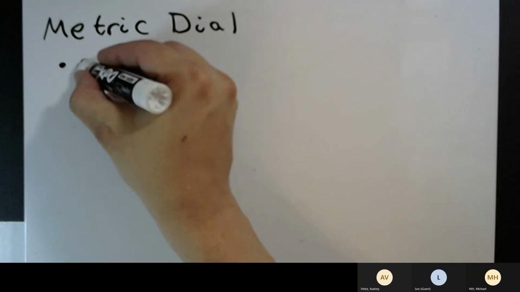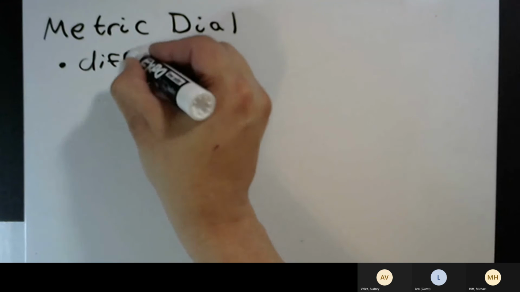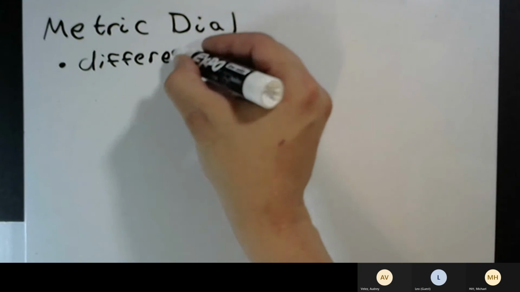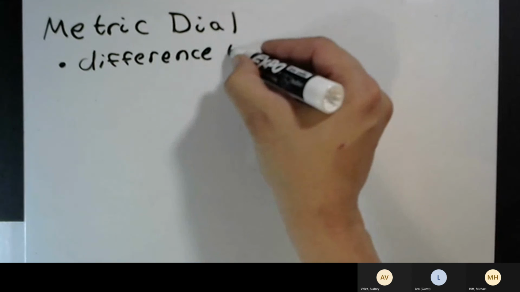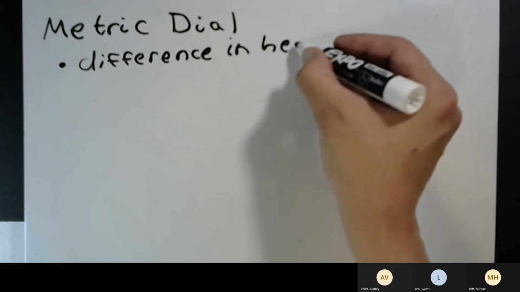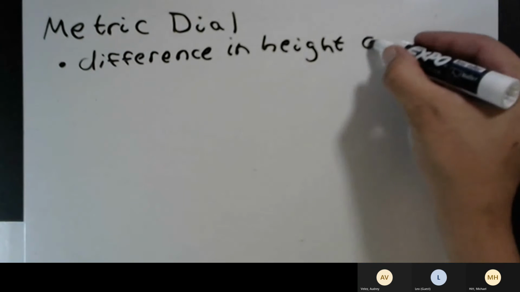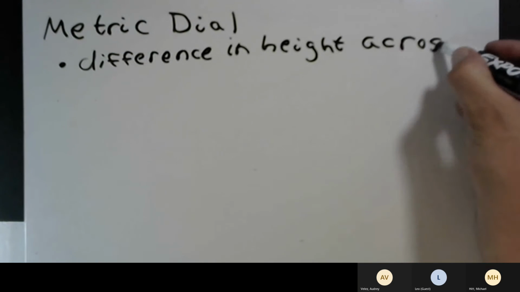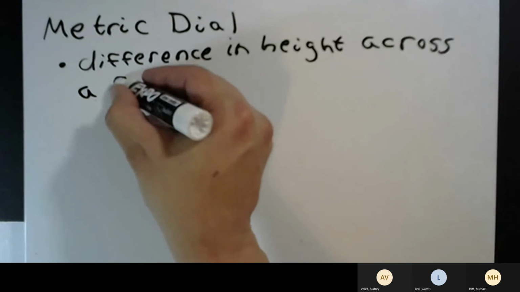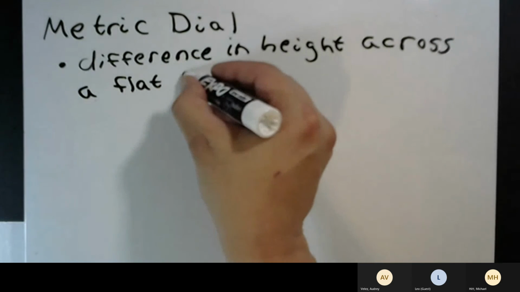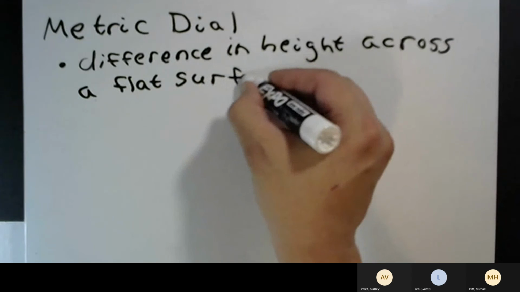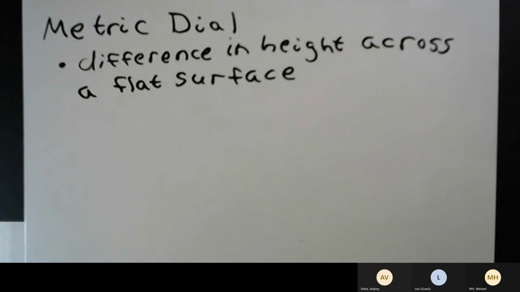So for example, say a difference in height across a flat surface. So is there just this oh so small incline or decline?